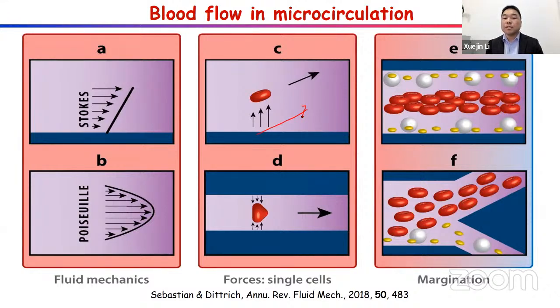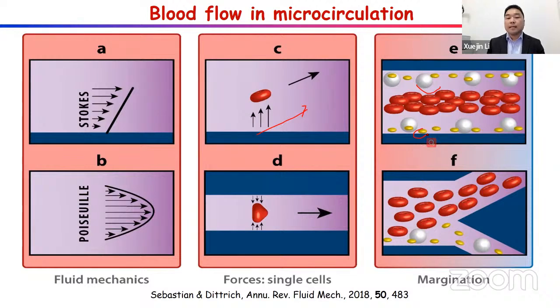And this leads to a cell-free layer near the blood vessel wall and the margination of white blood cell and platelet. Here, in this figure E, we show the white blood cell and the platelet in white and yellow color.